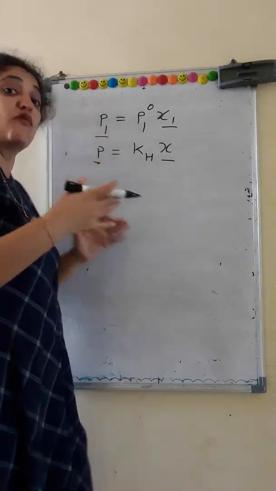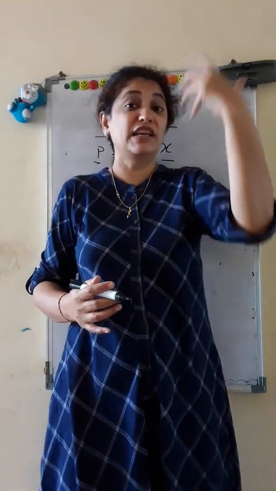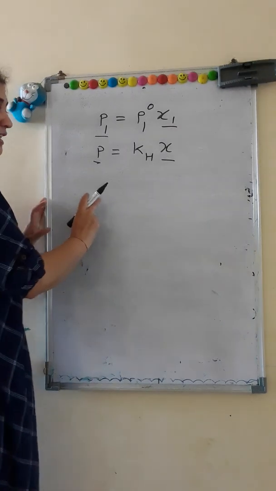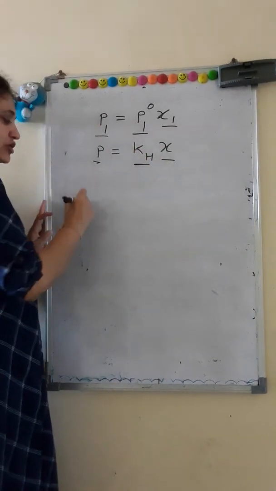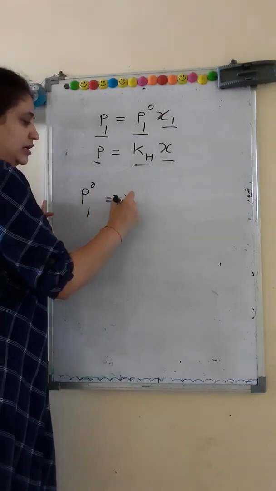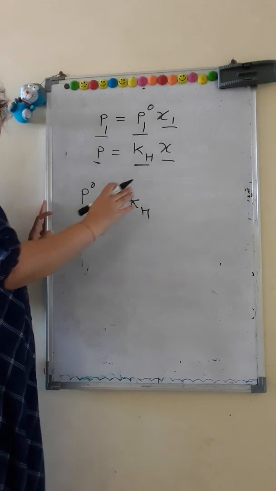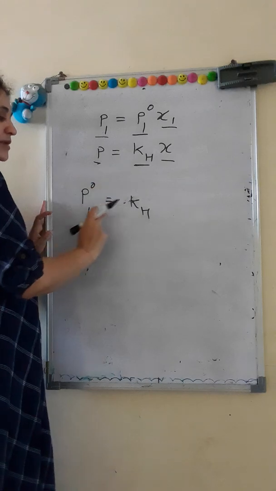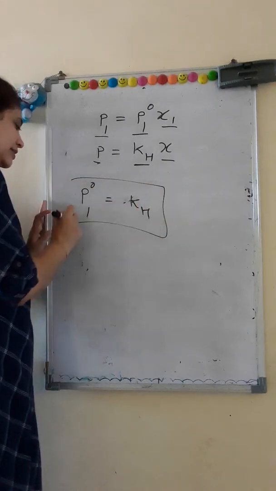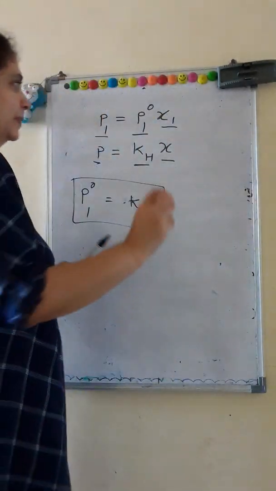When liquid is so volatile that most of the liquid exists in vapor phase, means its boiling point is very low, then more of the liquid will exist in vapor phase. That time P01 becomes equal to Kh. This happens when liquid is so volatile that it exists as a gas. So Raoult's law and Henry's law can be equated, and Raoult's law becomes a special case of Henry's law.